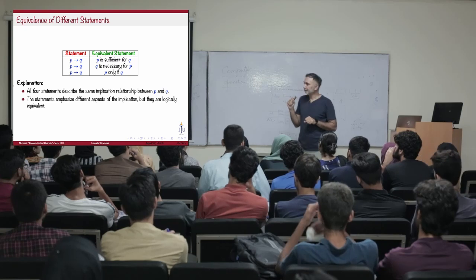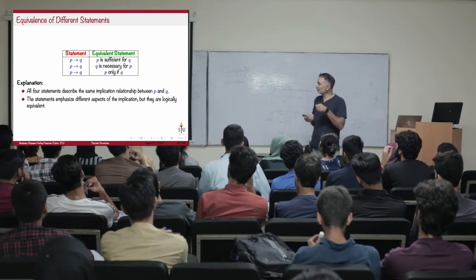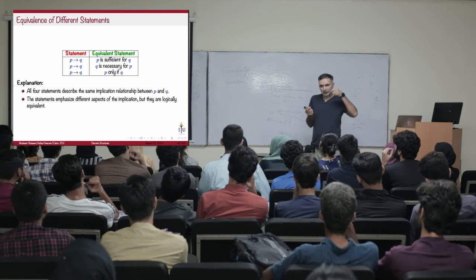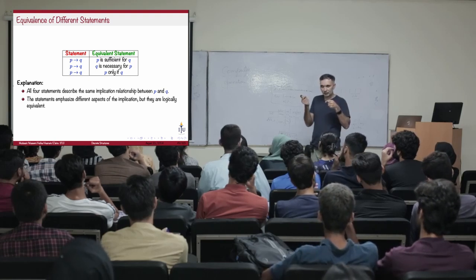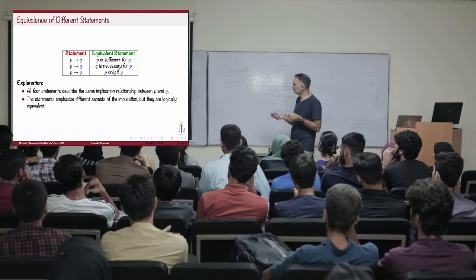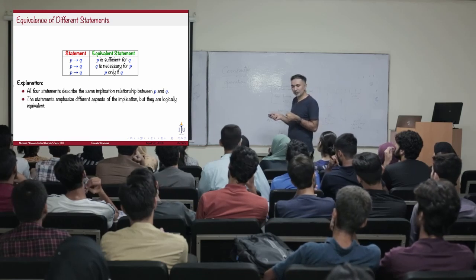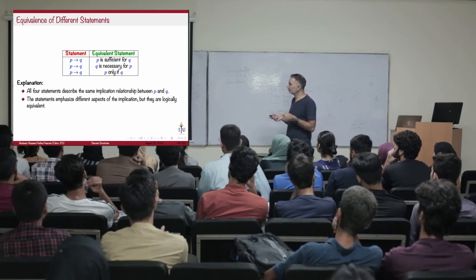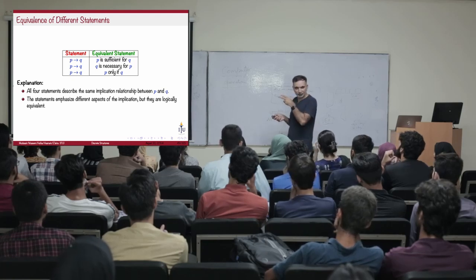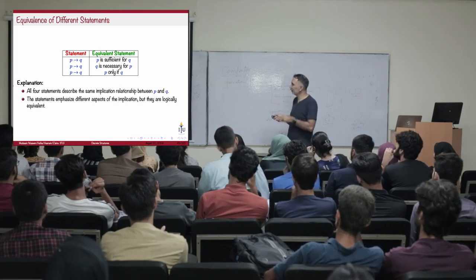But if I were to say that Q is sufficient for P, that would mean that when Q is true, then P is definitely true. That's not the case. Similarly, in the second statement, Q is necessary for P; you cannot switch their places. P is not necessary for Q.